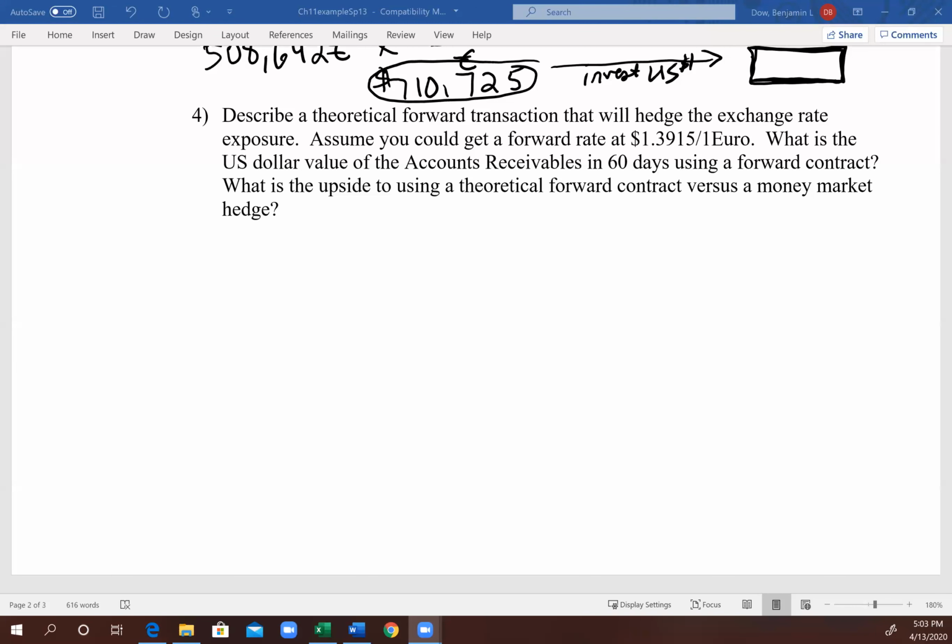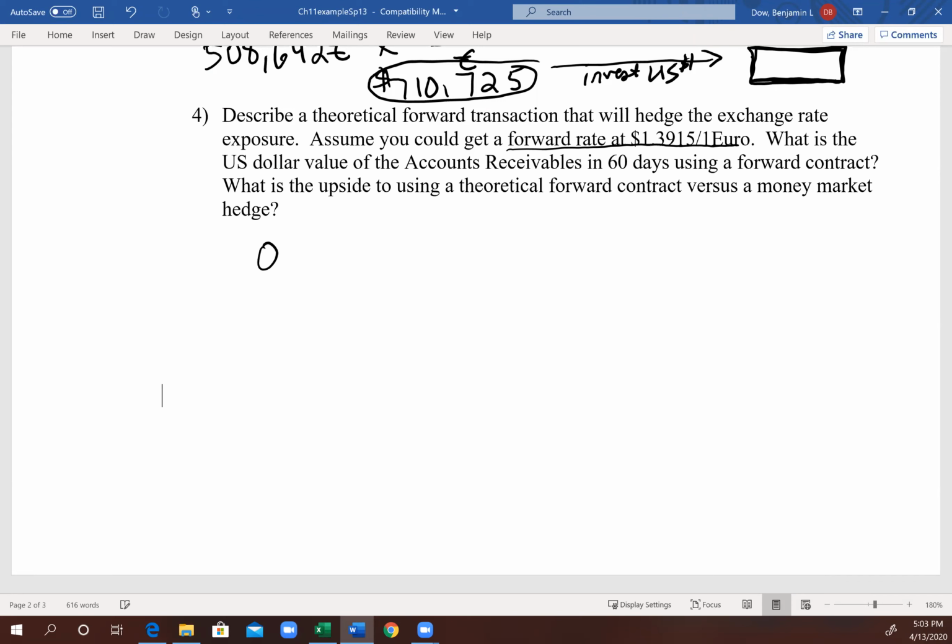Let's go ahead and look. All right, describe a theoretical forward transaction that will hedge the exchange rate exposure. Assume you could get a forward rate from the bank at $1.3915.